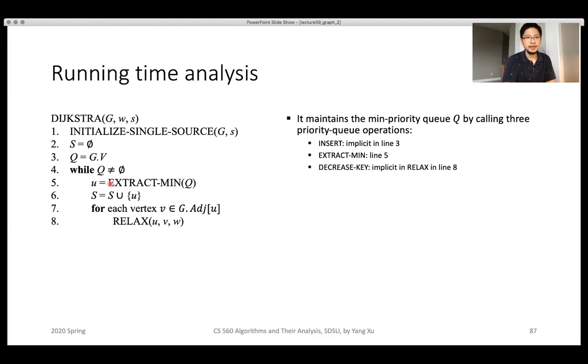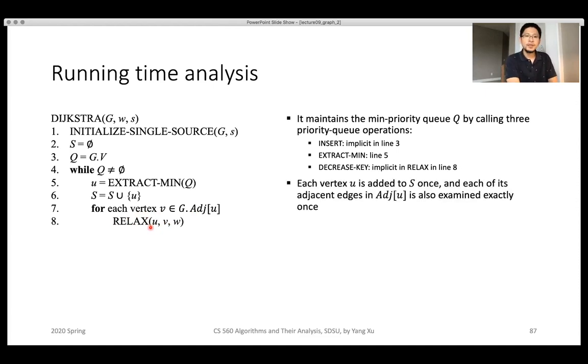And at line 8, after we update some key values of the elements within the minimum priority queue, we must implicitly call some function like decrease key, or if we implement the queue with a heap, then we must call something like min heapify. Okay, so there are some functions implicitly involved in line 8 as well.